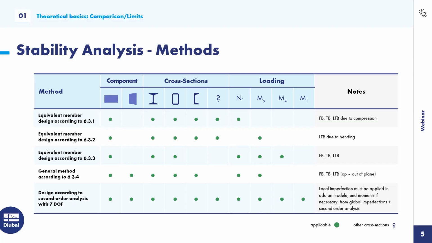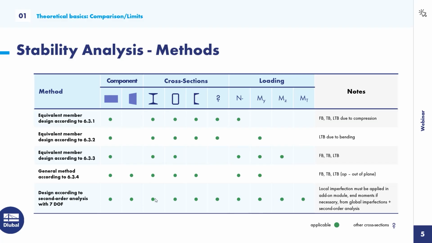Okay. Then the fourth line, general method according to 6.3.4. This method is valid for uniform and non-uniform members, and single symmetric sections with compression and bending about the principal axis. Then the fifth line, design according to second order analysis with 7 degrees of freedom.